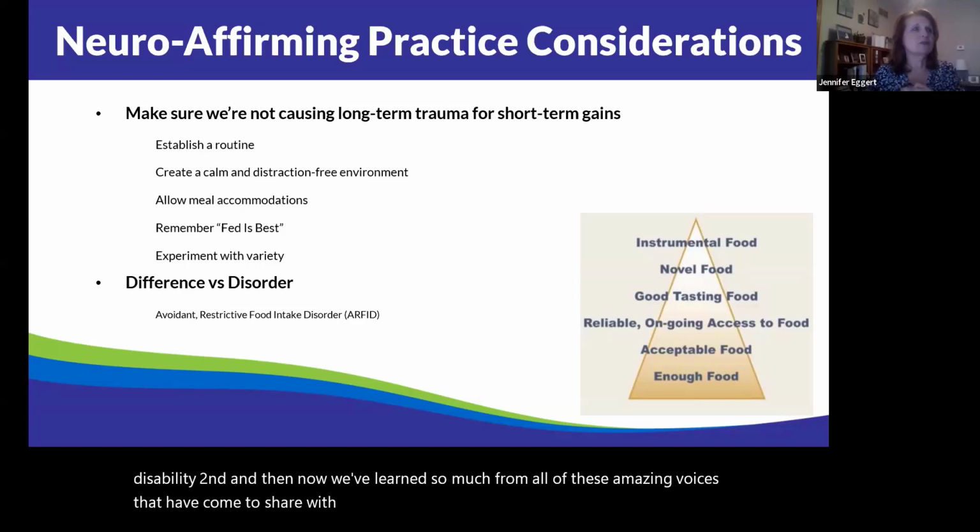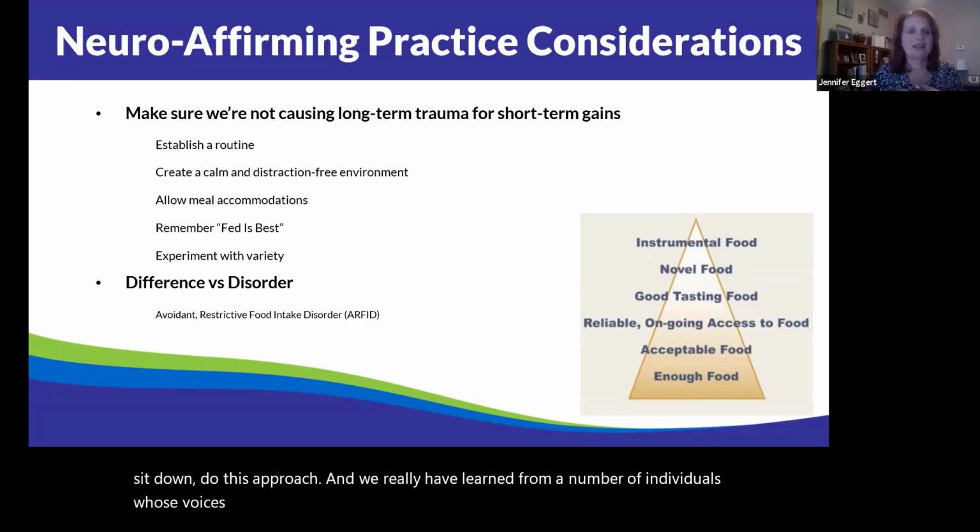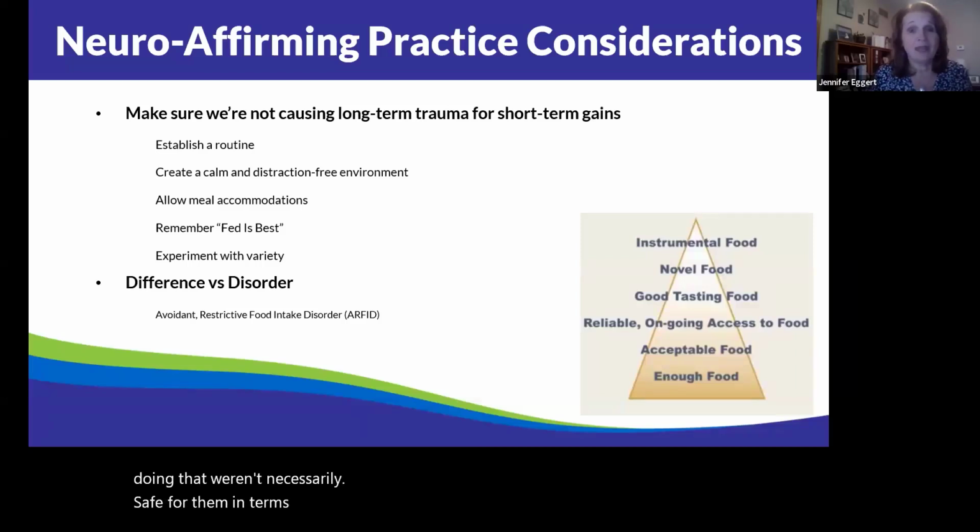We used to do this, come here, sit down, do this approach. And we have learned from a number of individuals that there were pieces to what we were doing that weren't necessarily safe for them in terms of body autonomy. And that is really important for us to take into consideration.